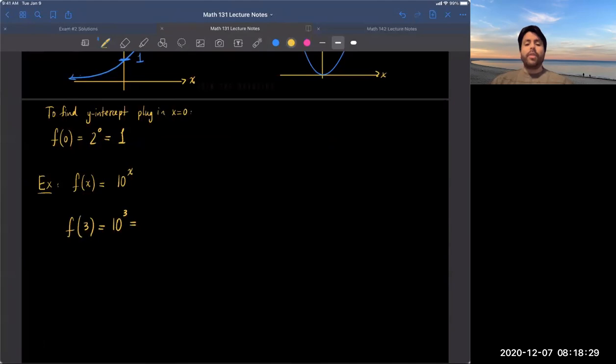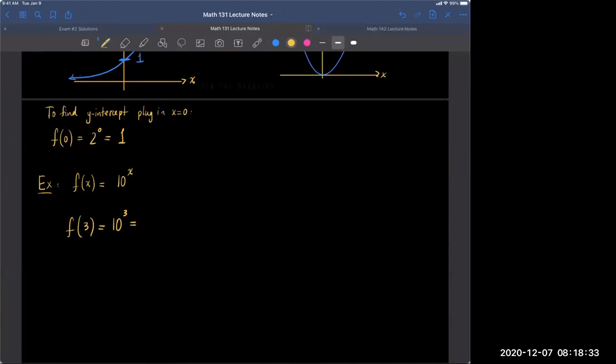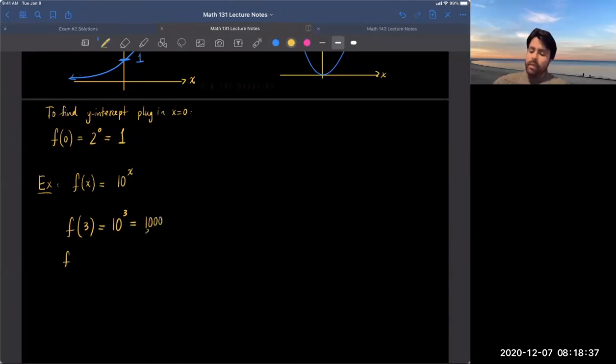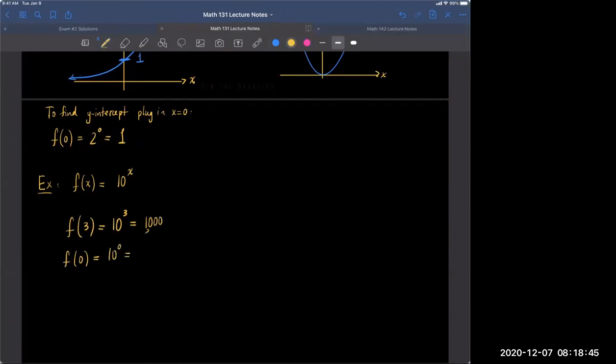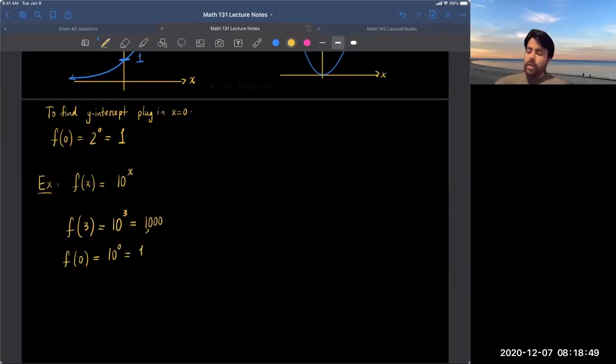And what's 10 to the third power equal? 1000. What is f of 0 equal? 10 to the 0th power. But 10 to the 0th power is 1. So there's a general note.